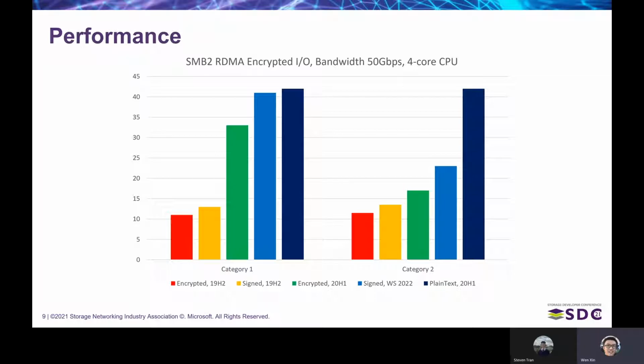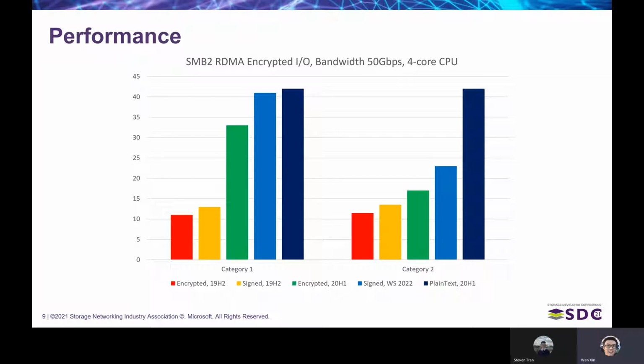The red bar is encryption performance before this change, so without direct data placement, and this should be compared to the green bar, which is encryption with DDP. The yellow bar is signing over RDMA without DDP, and the light blue bar is signing over RDMA with DDP. Last but not least, the dark blue is a plain text performance reference.